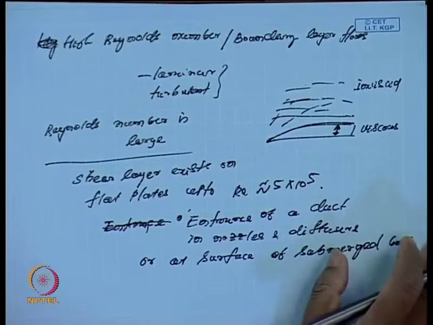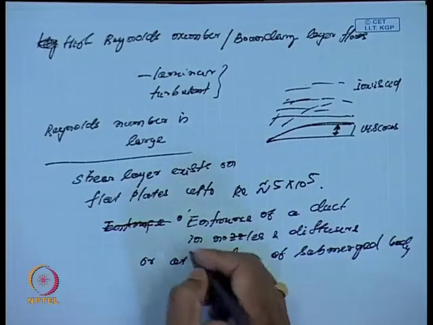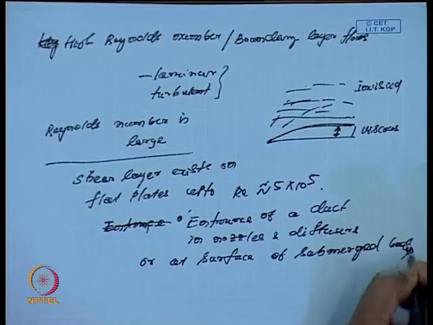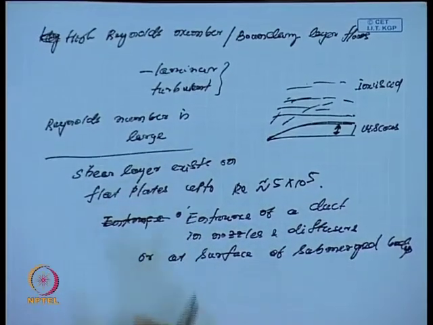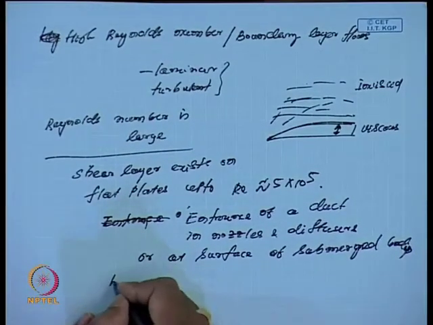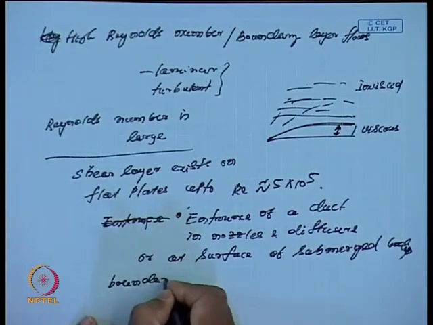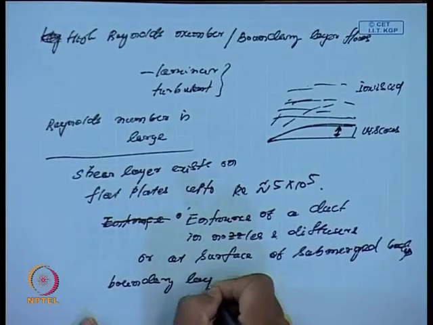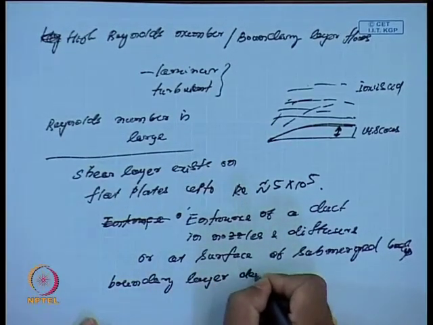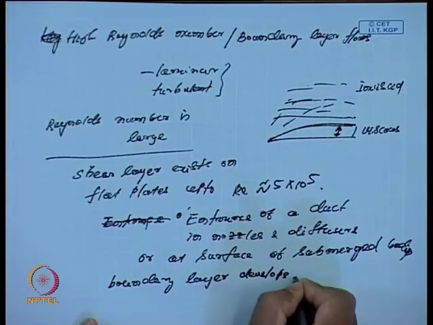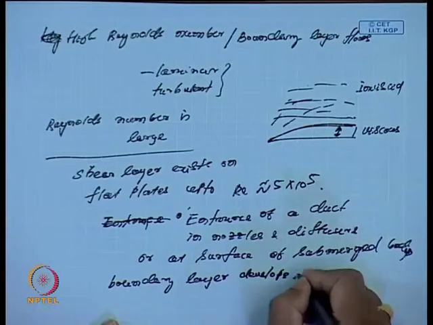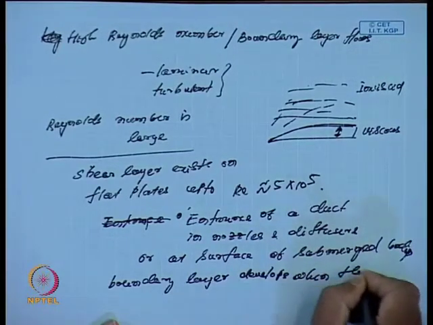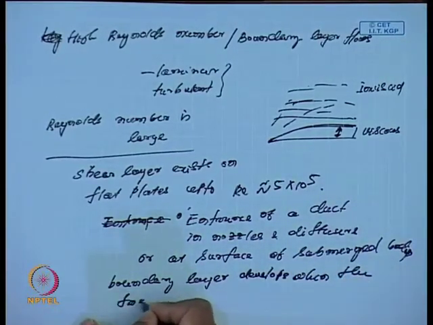At the surface of a submerged body, the boundary layer develops when the free stream Reynolds number is high.